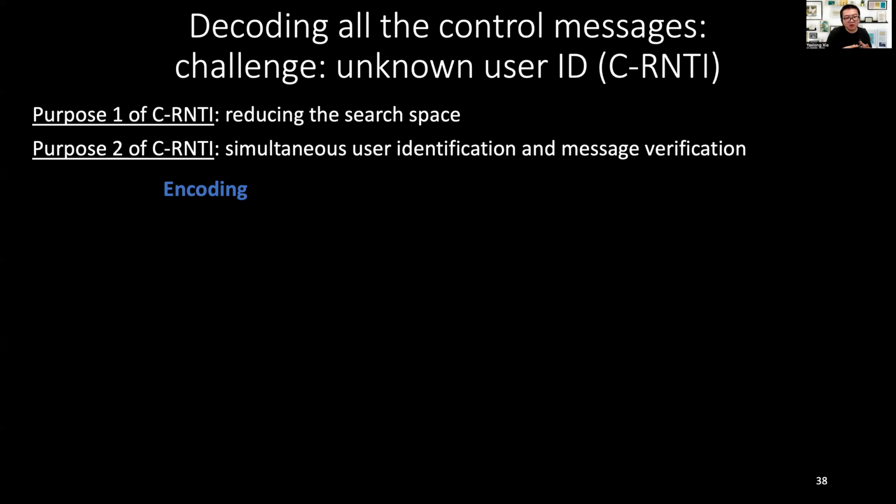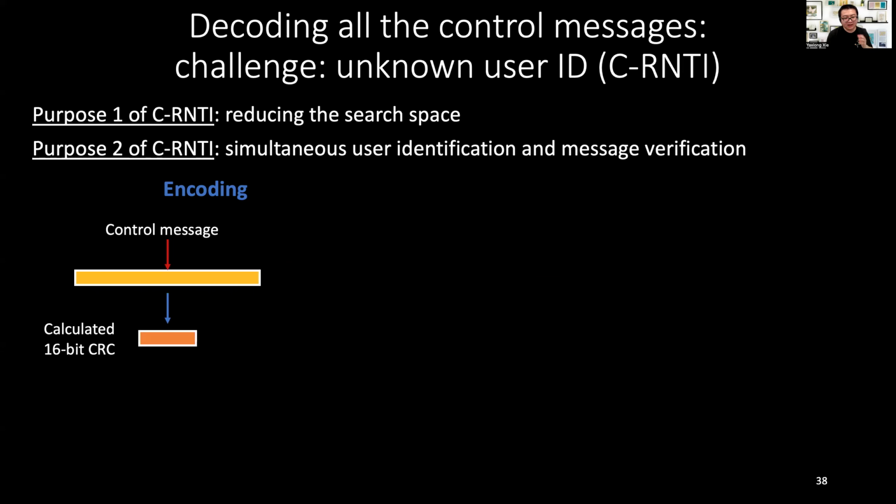The UE also relies on C-RNTI to simultaneously perform user identification and message verification. Let me explain this in a little more detail. In the encoding process, the base station encodes the control message, calculates the CRC, and then XORs the CRC with the C-RNTI of a user.